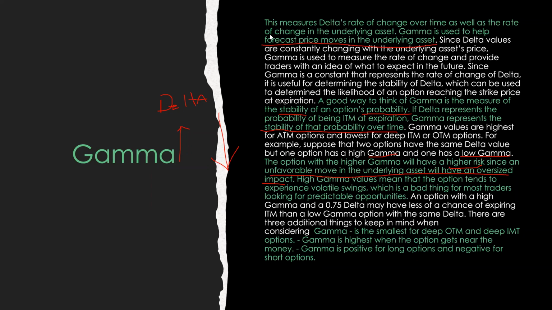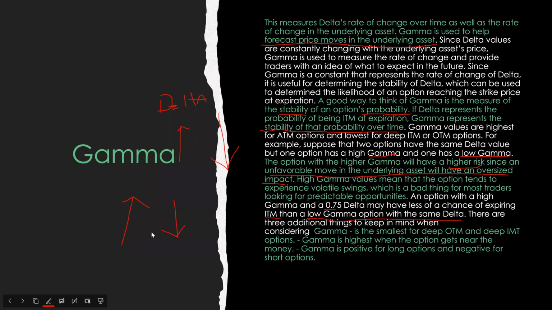So an option with a 7.5 delta, high gamma and high delta, may have a lesser chance of expiring in the money than a low gamma option with the same delta. All right, so you want something that has high delta, lower gamma, because the lower the gamma, the more stability that option has of reaching in the money. Gamma is the smallest for deep out of the money contracts, and it's the highest when options get near the money.